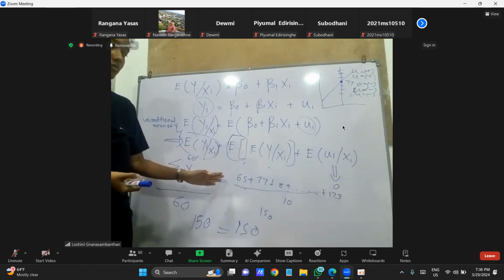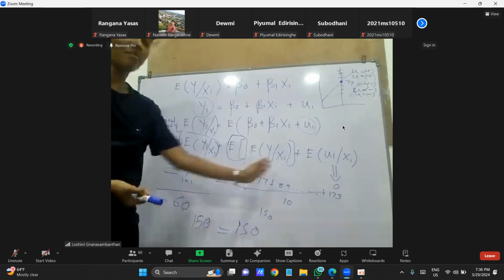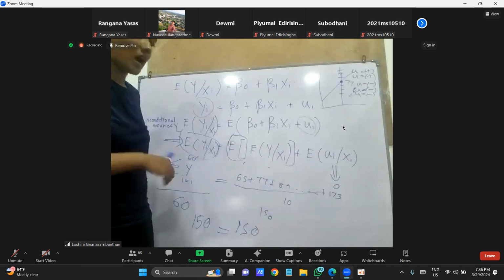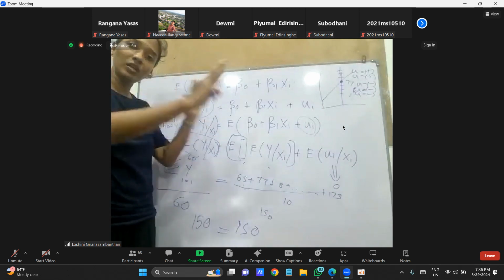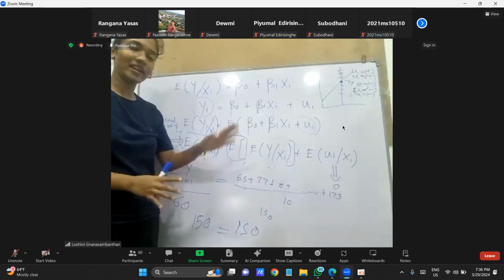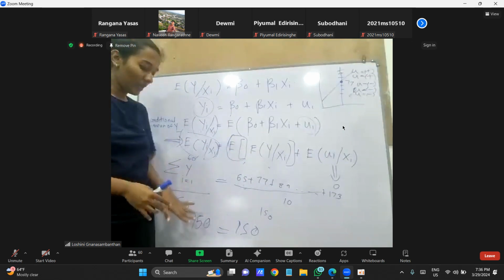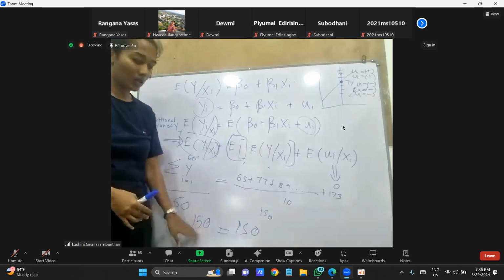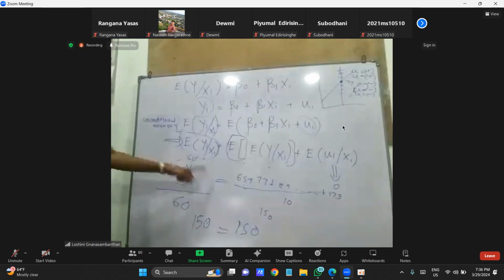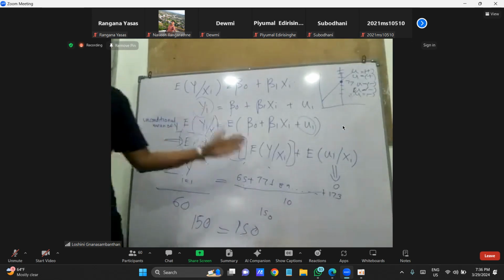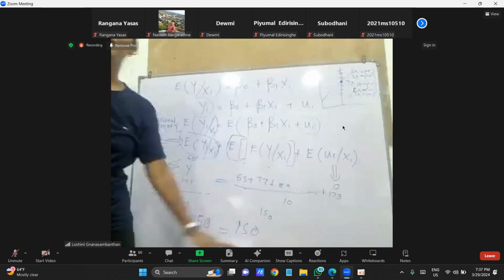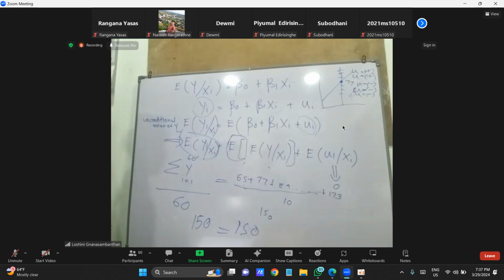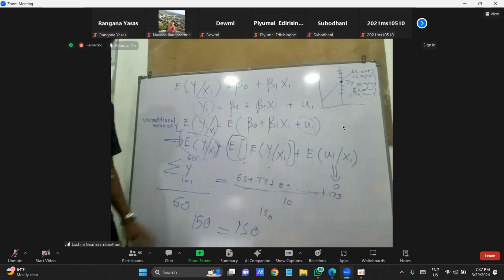When you take many sample means, and you take the expectation of all your sample means, that will be equal to your population mean. But with conditional means also you can estimate your population mean without error, with accuracy.